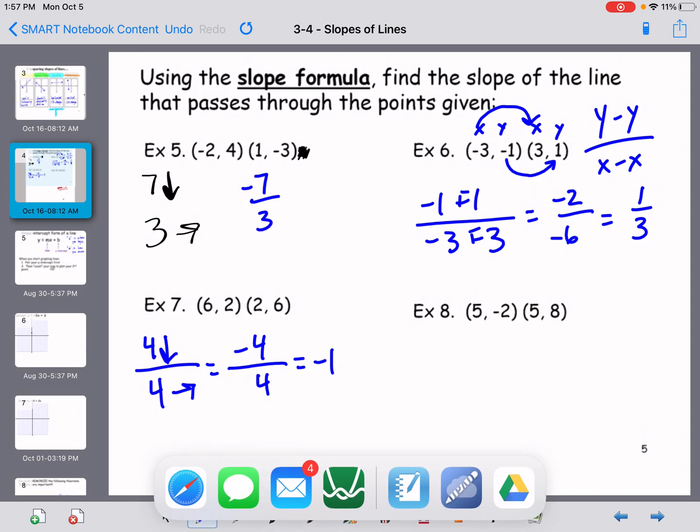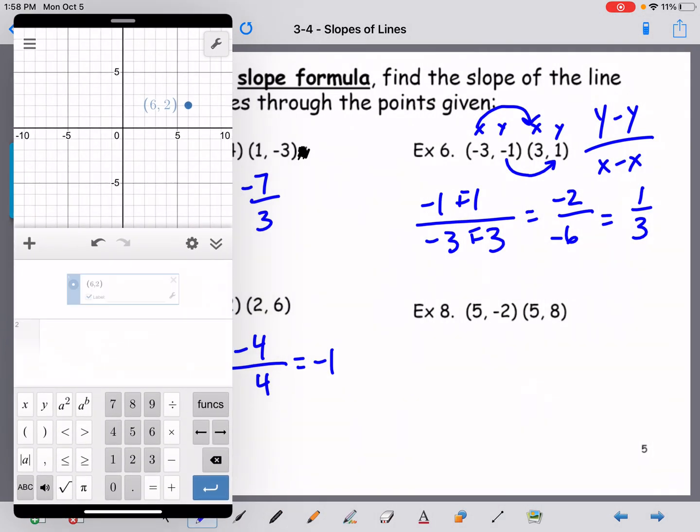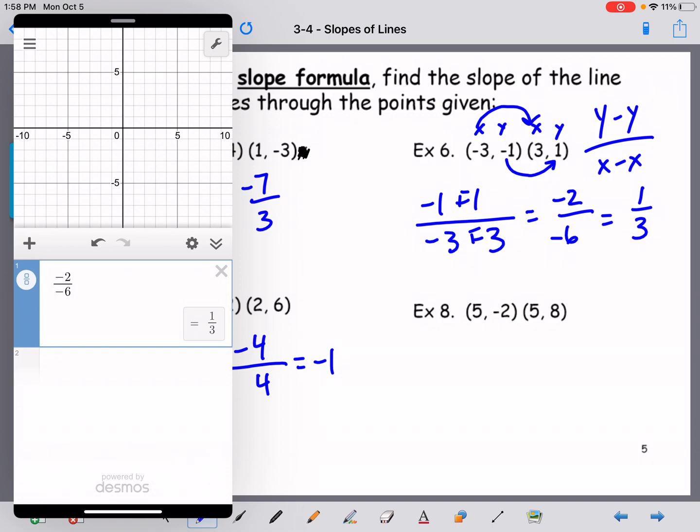If you don't remember how to simplify your fractions, you can use Desmos to simplify your fractions for you. 2, negative 6. So I want to take that away there and put the negative there. And then that little button right there on the side where it's got the 2 squares, click it, and that's how I get the 1/3. Okay?